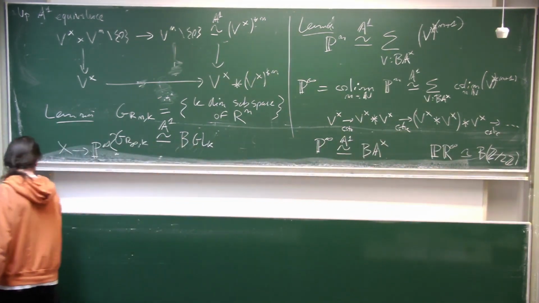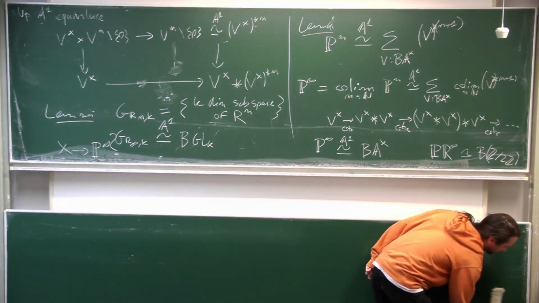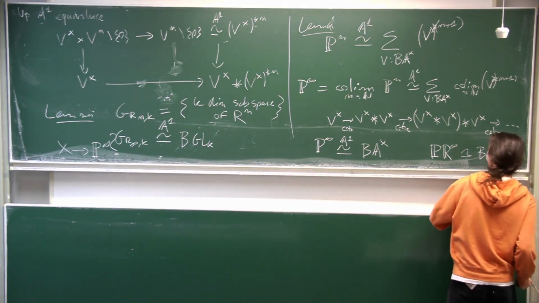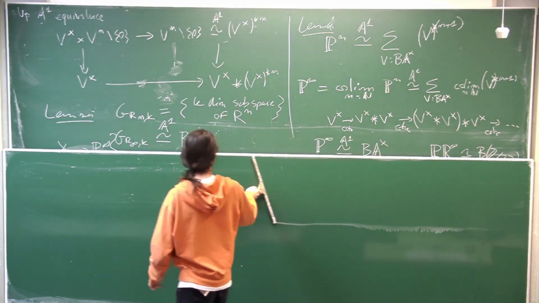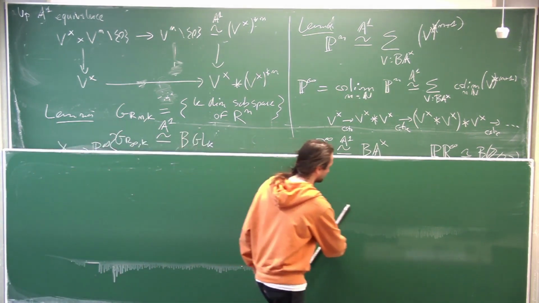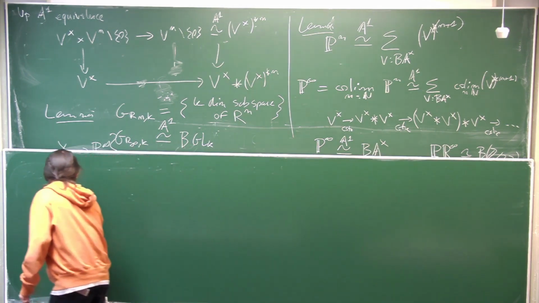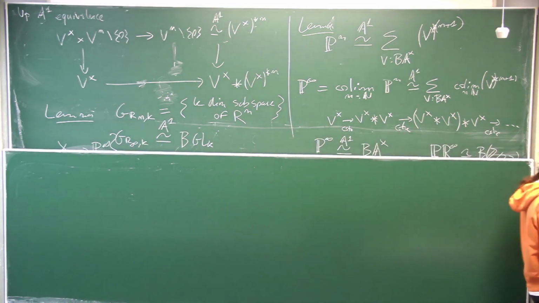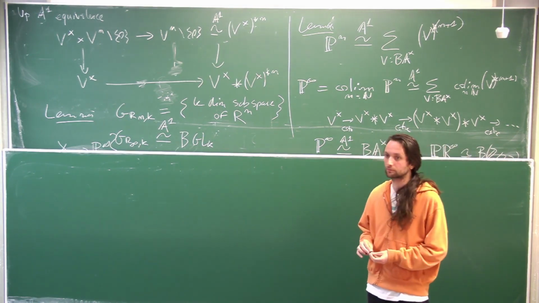If we have a map to Pn, the map to Pn is the same as a rank 1 quotient of the trivial bundle over X, and the trivial bundle has rank n. And now we can stabilize. The question is whether we actually have a scheme morphism that represents our A1 homotopy class. So we have to ask whether P infinity is actually A1 rigid.